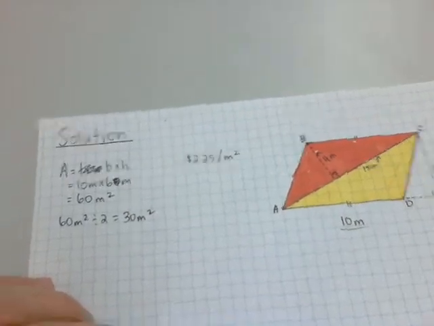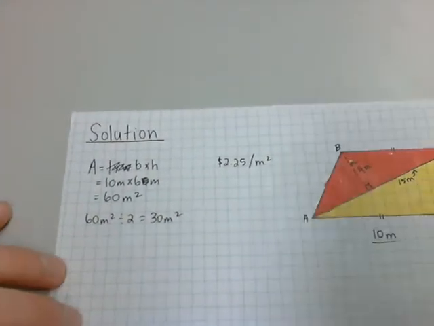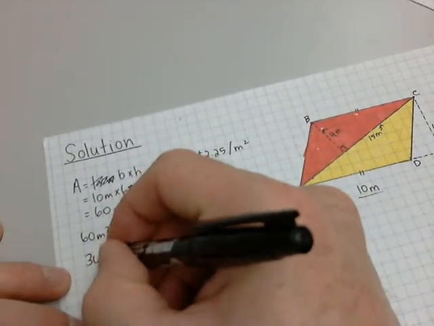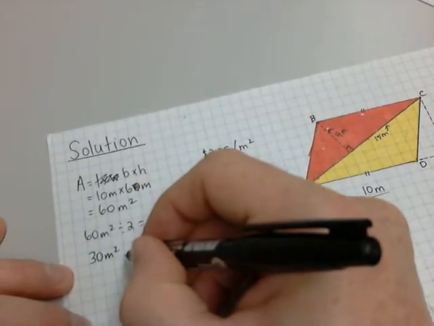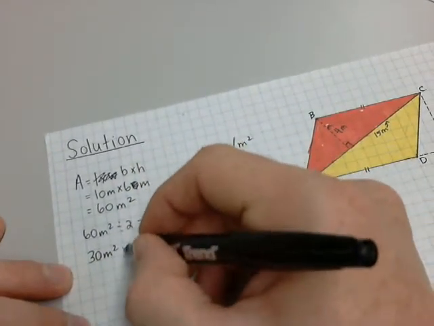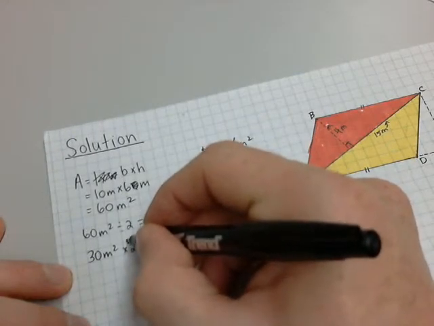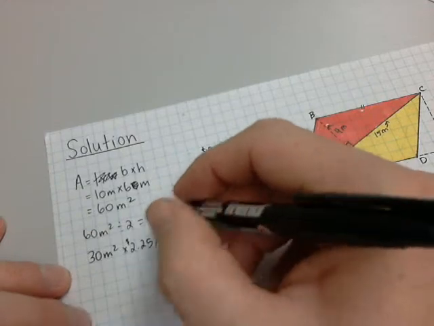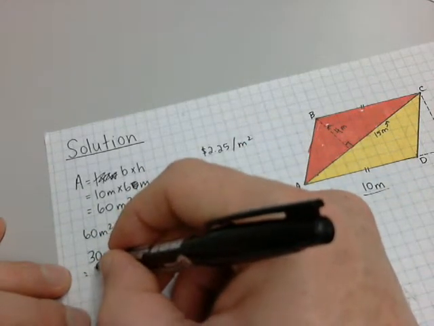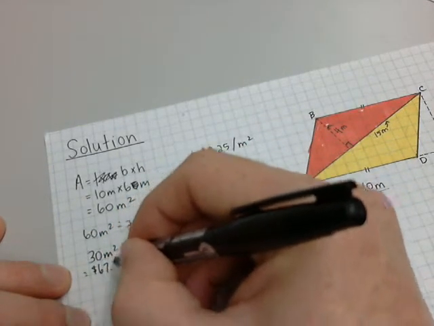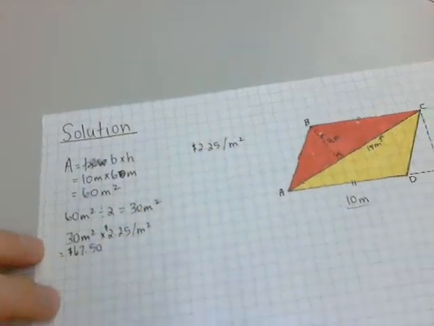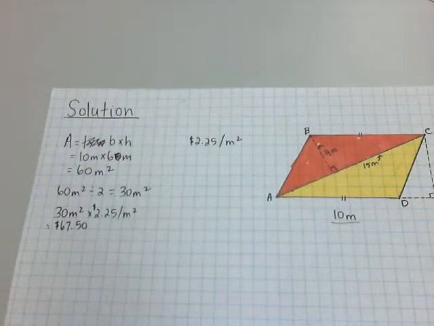So what we can do is plug in some more numbers, take the area of half of the deck, and multiply it by $2.25 per meters squared. Once you've done that, you get a grand total of $67.50, which is the cost of sealing half the deck.